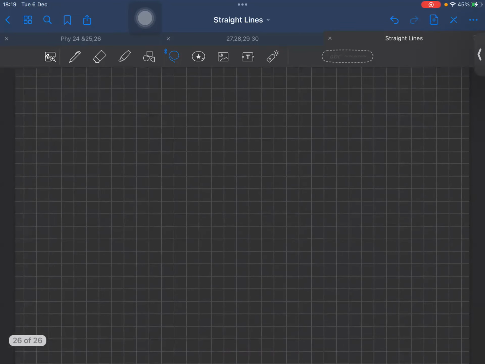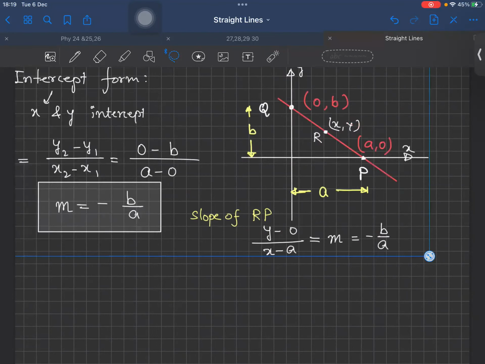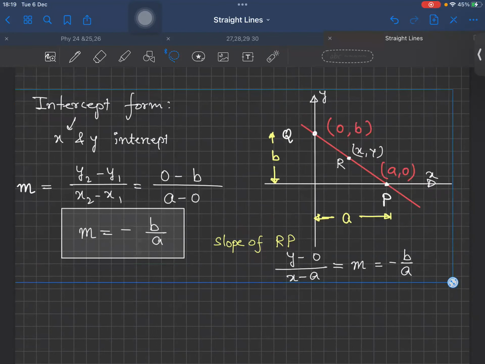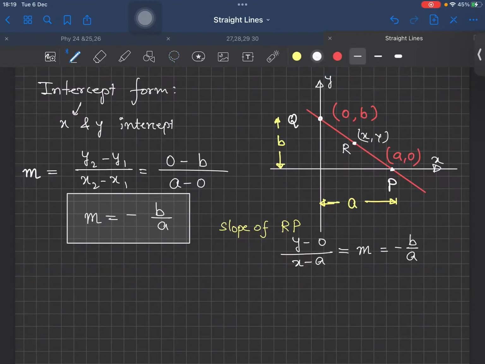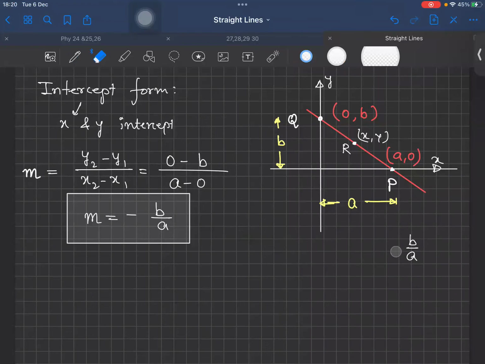Yes, tell me, Raghav. Sir, I don't understand the last slope. Okay, got it. So I'll explain. Till this far, is it okay with you? Yes. Till this far, it is okay, right?